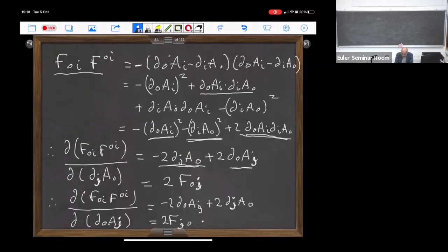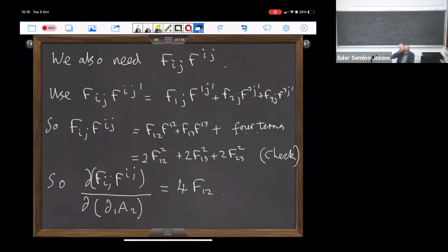These combine to give me twice Fj0. So it's nice that when you vary this Lagrangian with respect to the derivatives of the fields, the answer is gauge invariant, in the sense that it's given in terms of the field strength, or at least part of the field strength so far.